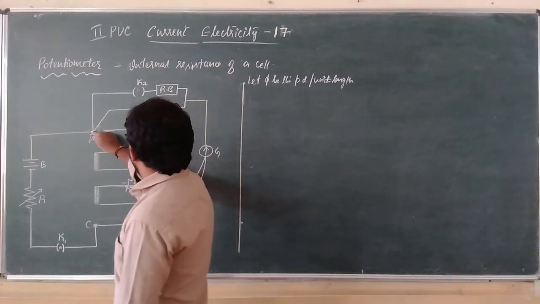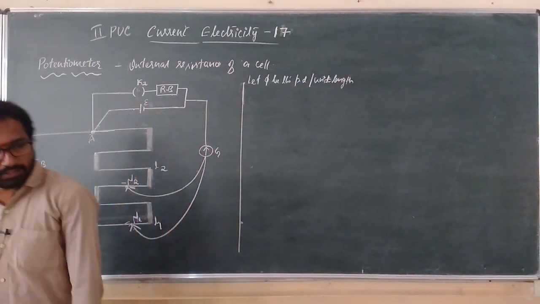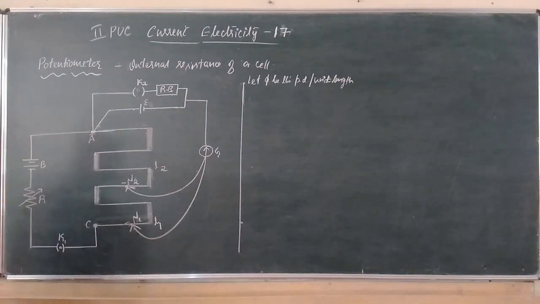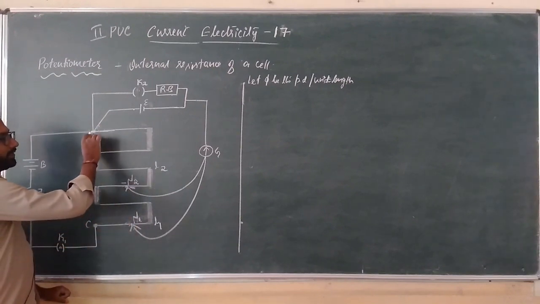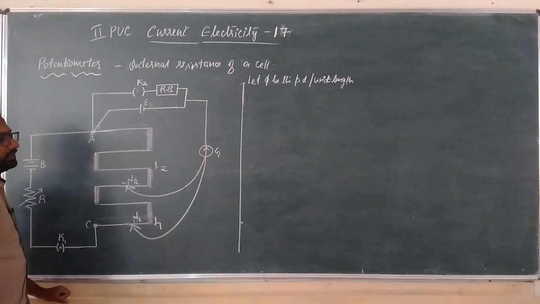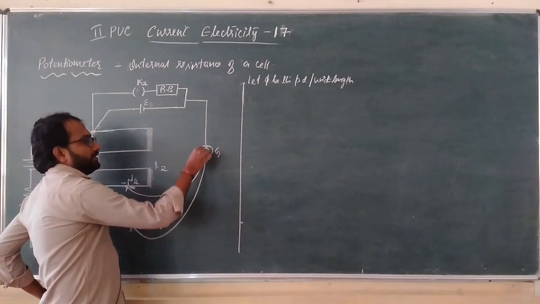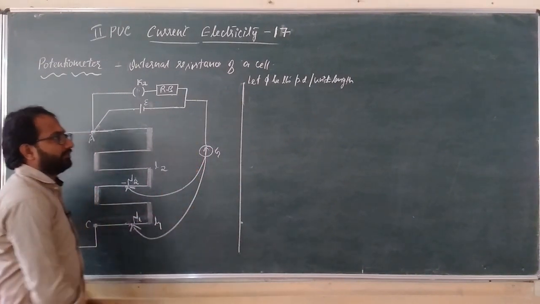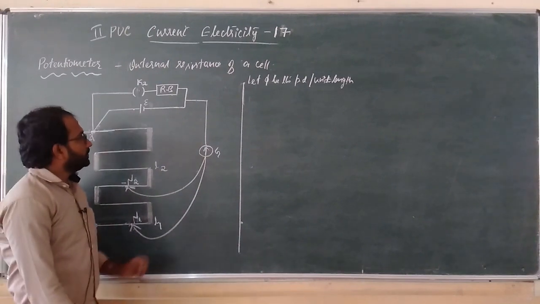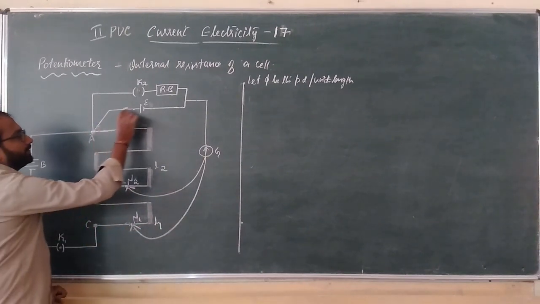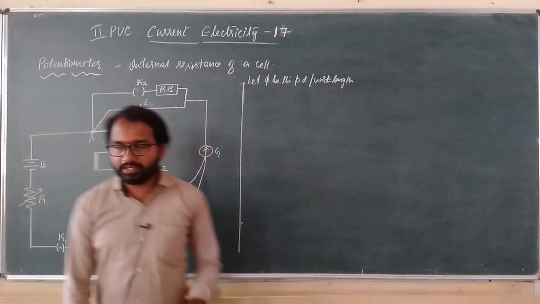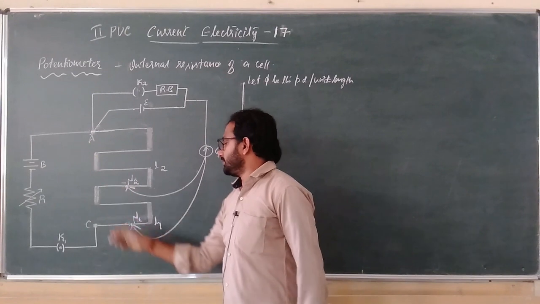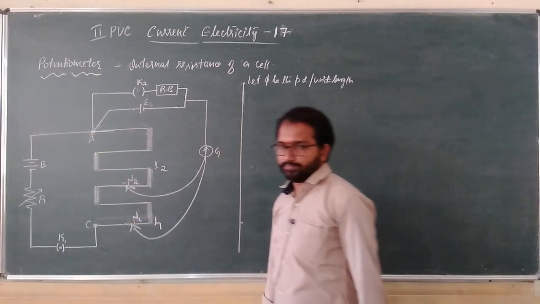Now, if the jockey is moved along the wire to a particular point, say N1, at a length AN1, and the galvanometer shows zero deflection, then using Kirchhoff's loop rule for this loop, I can write that the EMF of the cell is equal to the potential drop across AN1.